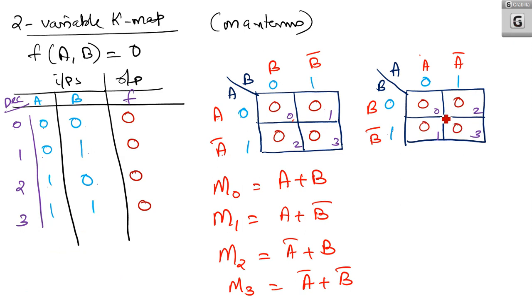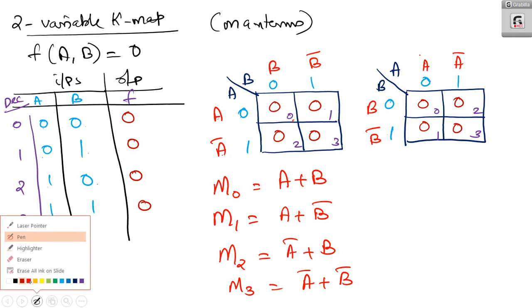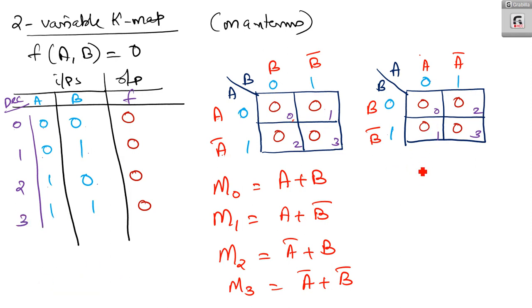Now, how to write the max terms from this one? How can you write capital M0? That is A or B, that is 0.